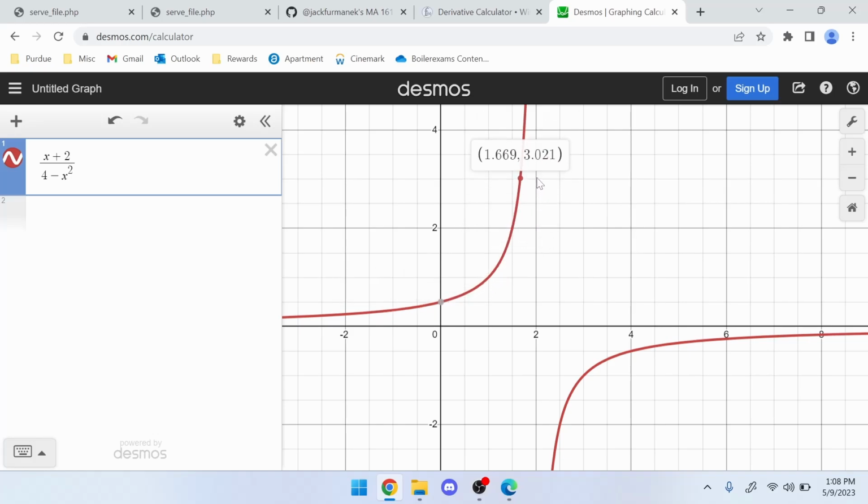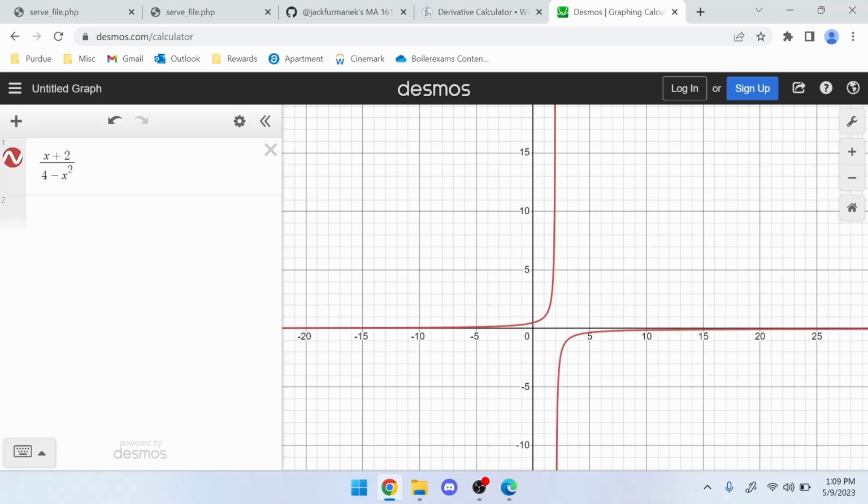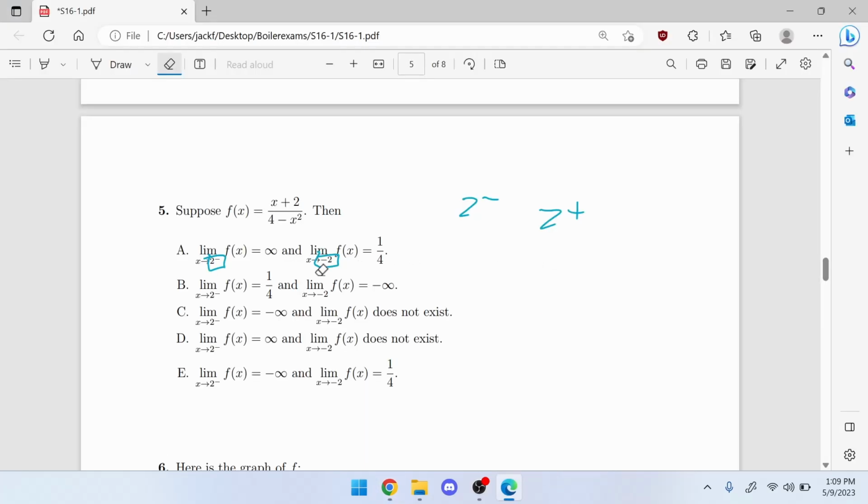Clearly it is going way up to infinity. As x approaches 2 from the left side, it goes up to infinity. As x approaches 2 from the right side, it goes towards negative infinity. It goes all the way down. And you can see the only ones with that answer choice are A and D.